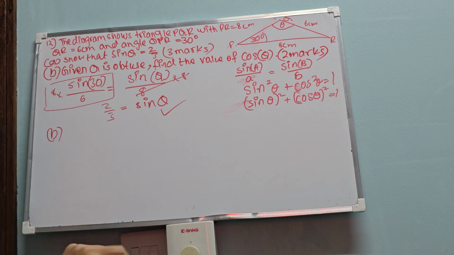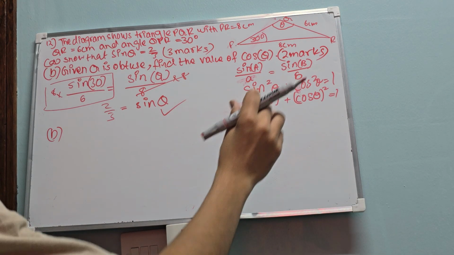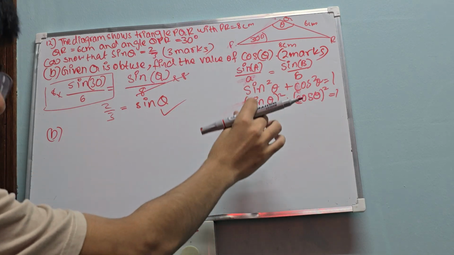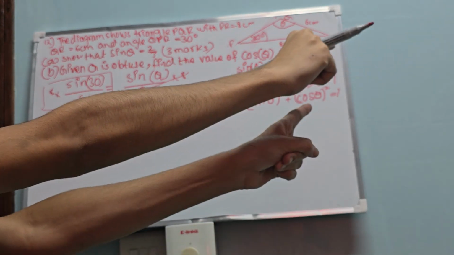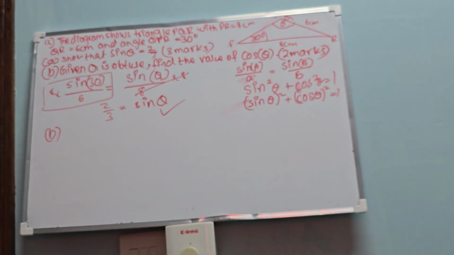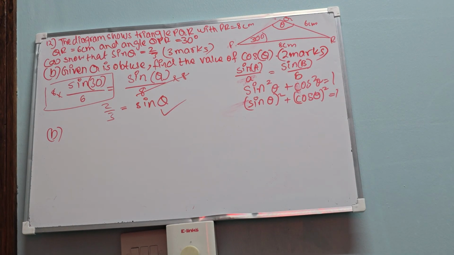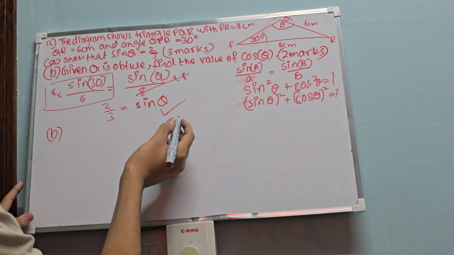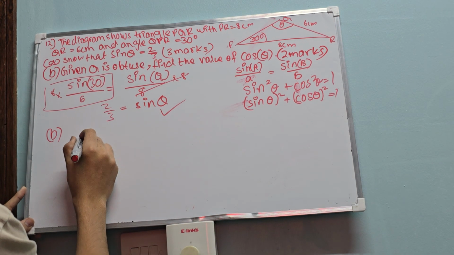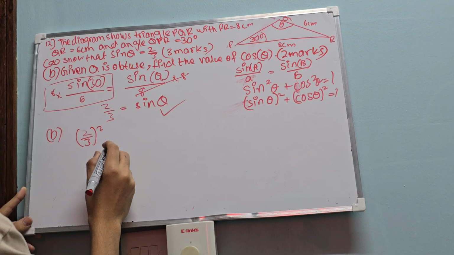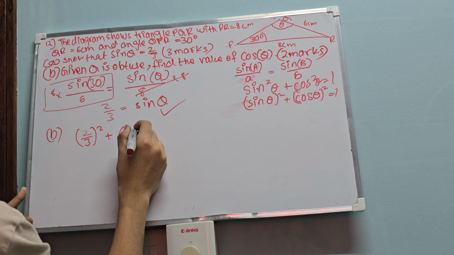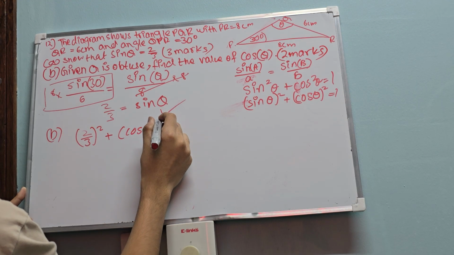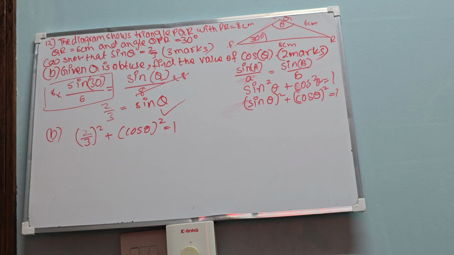Now we are given sine of Q and we have to find cos, so we can substitute the sine Q into the equation, take it to the other side, square root it and find the value of cos of Q. So 2 over 3 squared plus cos of theta squared is equal to 1.